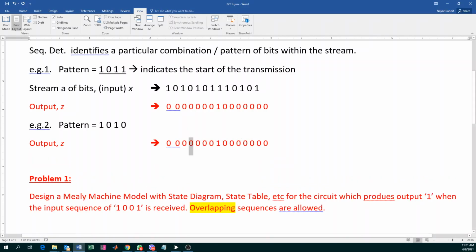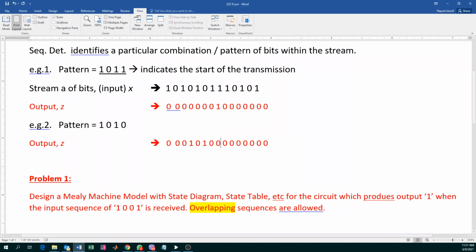You'll have a 1 over here, because that's the first one. Then you'll have another one here, and 1 0 1 0 another 1 here.